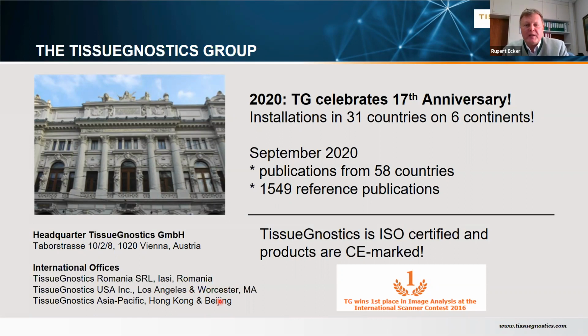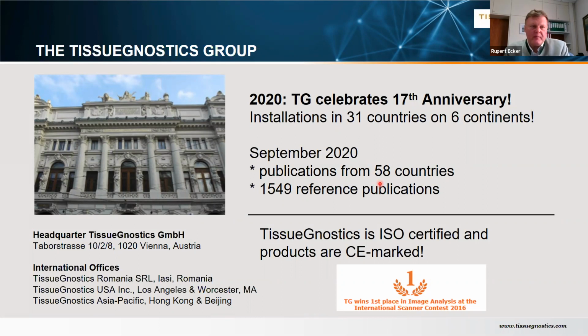The company has in fact been founded in 2003, so we celebrated our 17th anniversary this year. And as of today, we have installations in 31 countries on all continents except Antarctica. As of last month, we had more than 1,500 reference papers published from research groups from 58 countries.